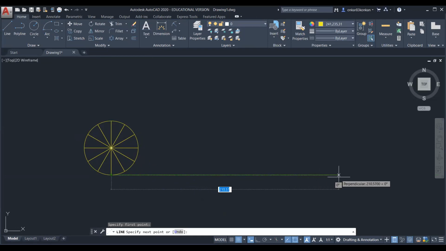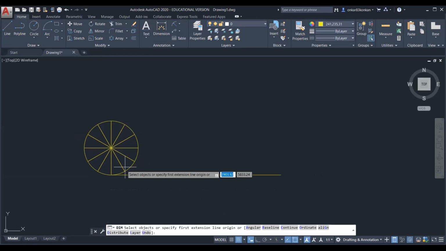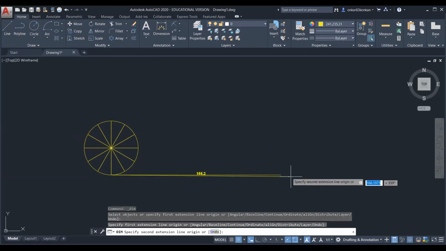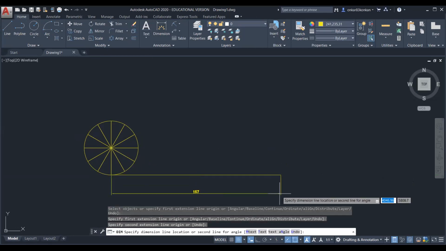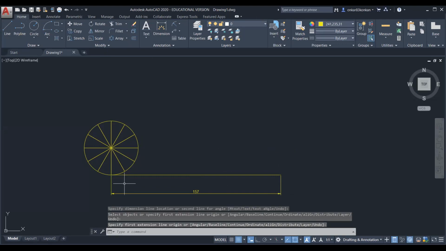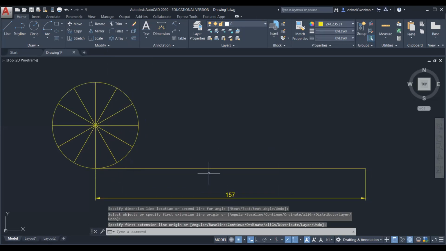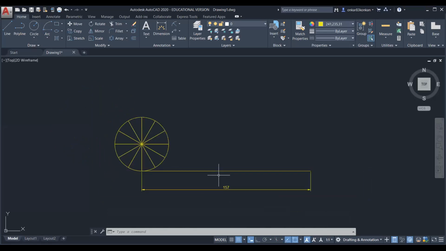This line will have a length equal to the circumference, so it is 157. On this line, divide the line into 12 equal parts.